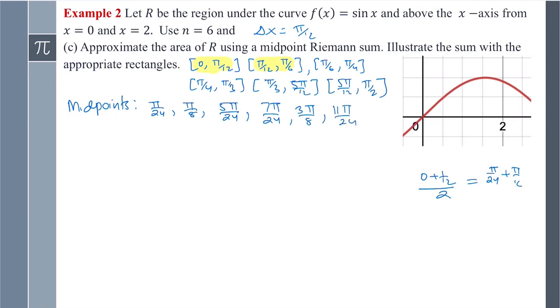So here in the graph, these are our divisions. These are the 6 subintervals. What we are going to do is use the midpoint to determine the height, and that gives the area of the rectangle.